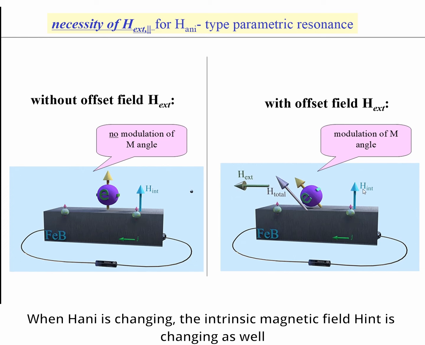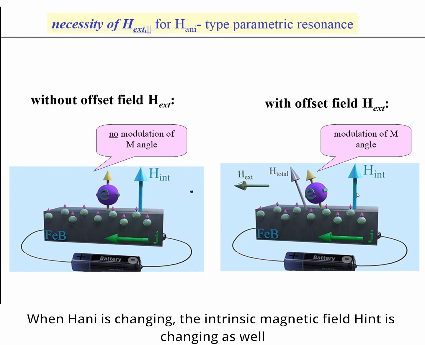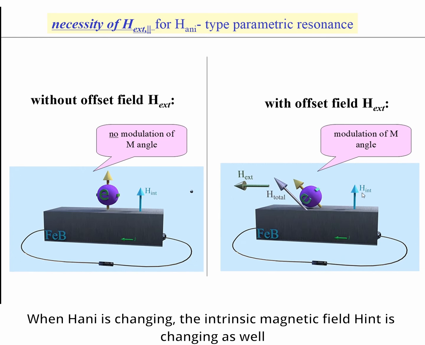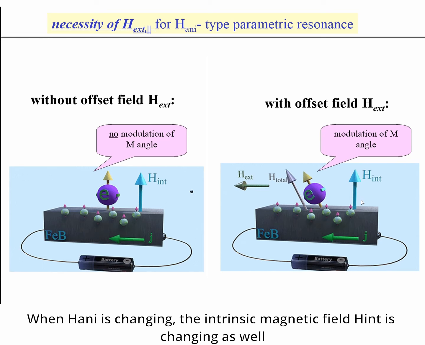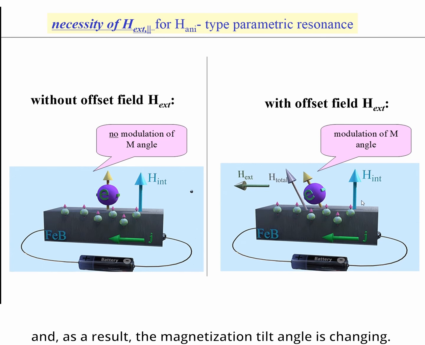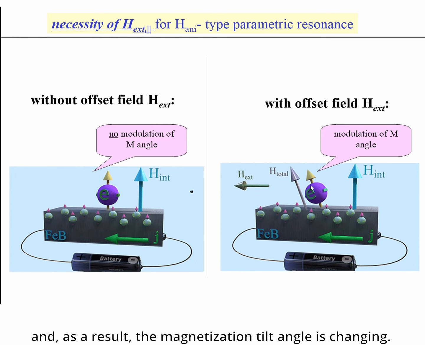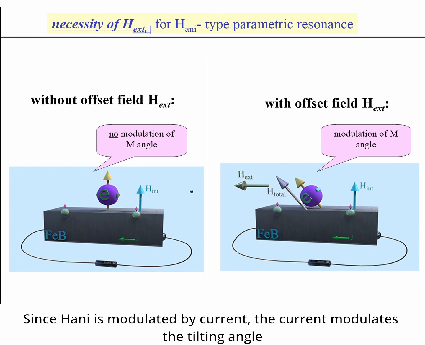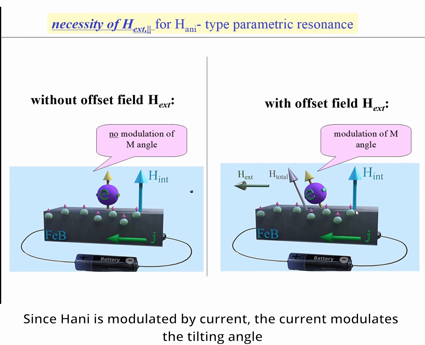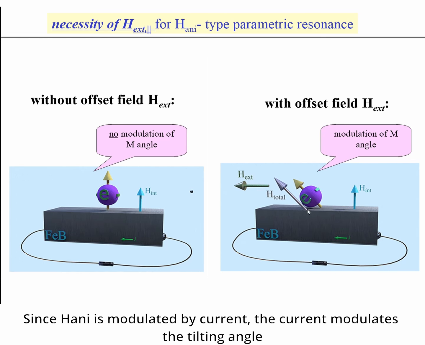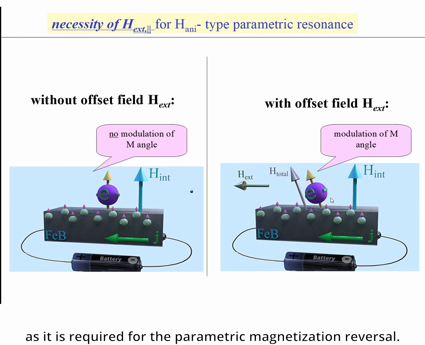When the anisotropy field is changing, the intrinsic magnetic field is changing as well, and as a result, the magnetization tilt angle is changing.